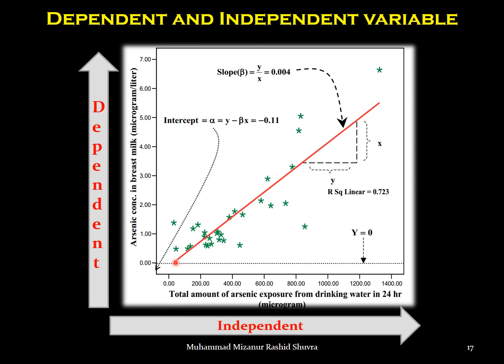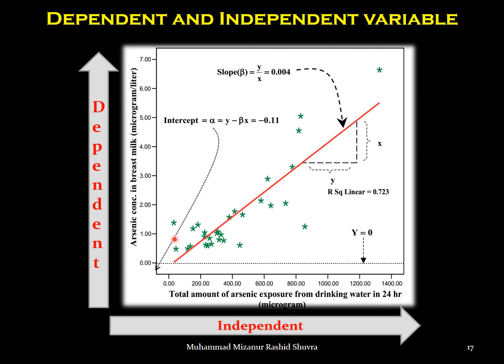And these are individual data points here, the asterisks that you're looking at. So if a mother had taken this amount in drinking water, her breast milk had this amount of arsenic.